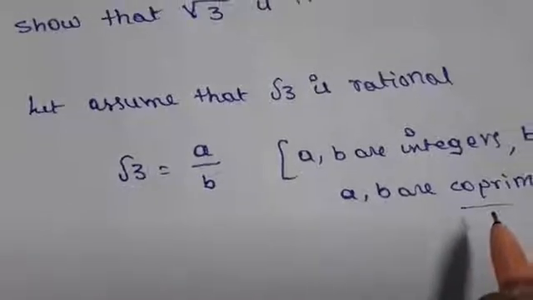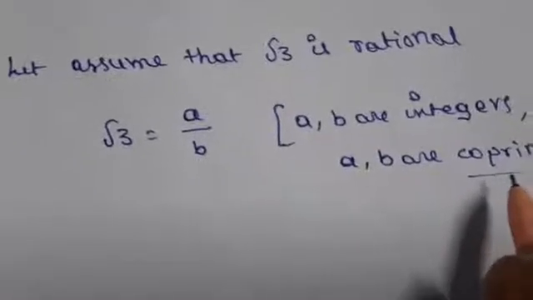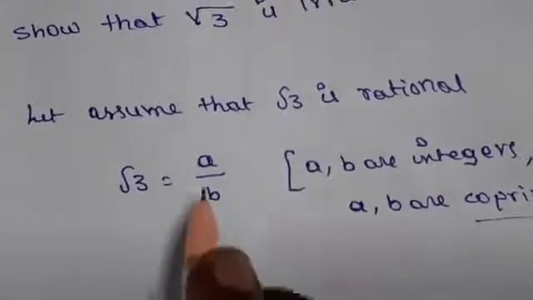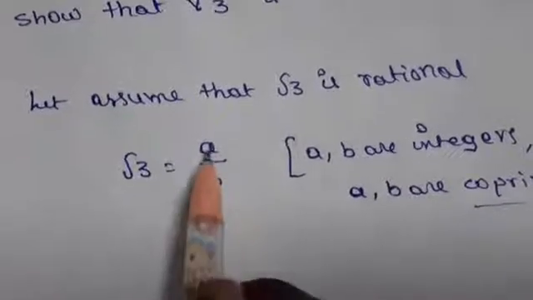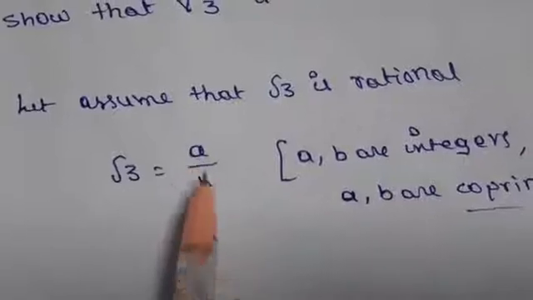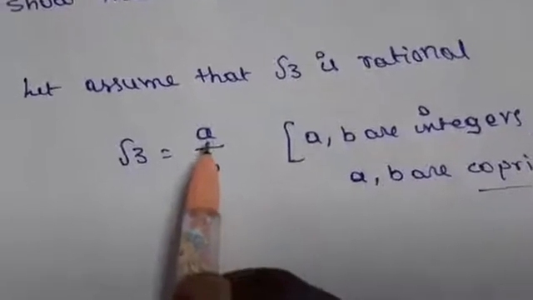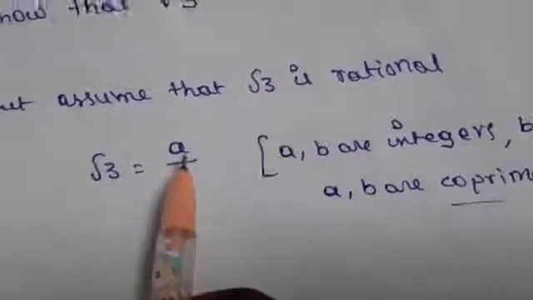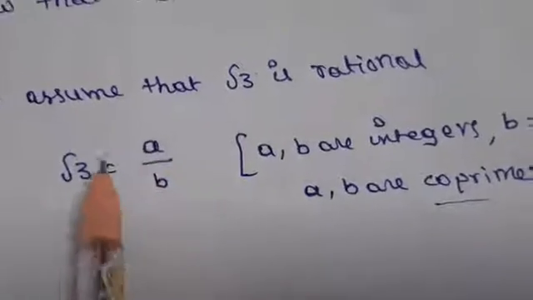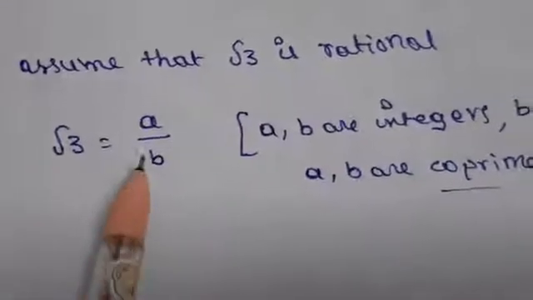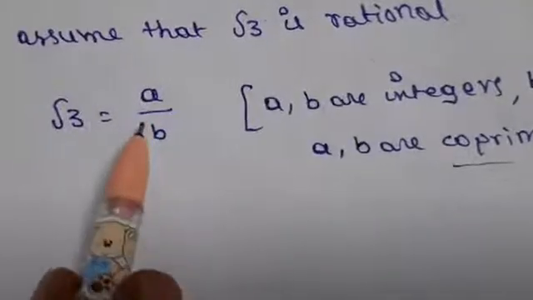There is no other common factor for those numbers. So here a and b are coprimes, which means a and b have only one common factor, and it must be only 1. Okay. Then it is a rational number.